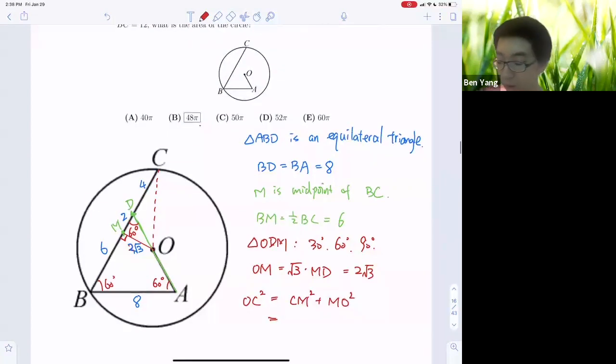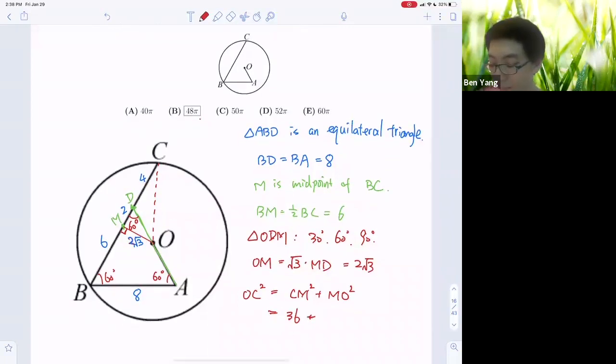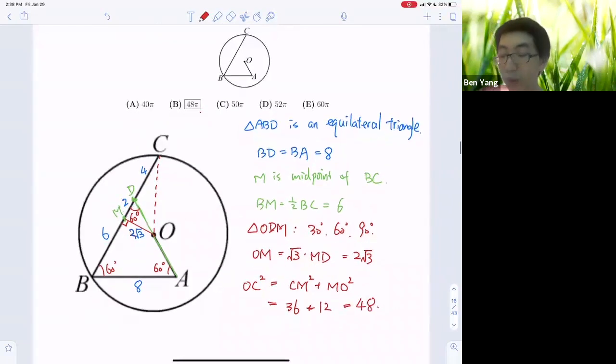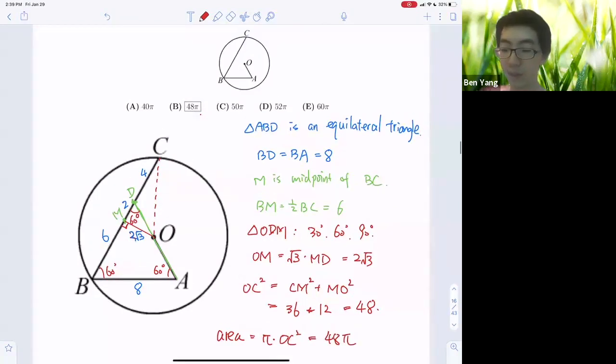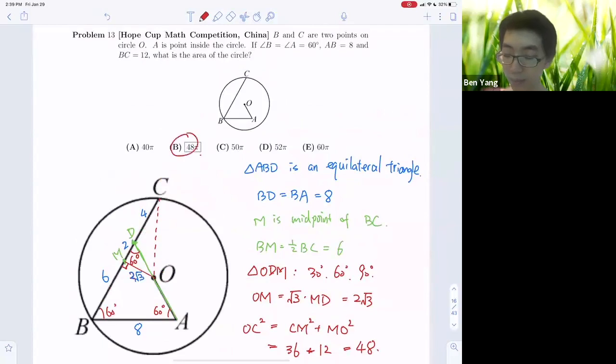CM is equal to 6, so that's 36. MO is 2√3, so the square of that is 12. And we get 48. We don't need to take the square root of this because what we want is the area of the circle. Area is equal to pi times the radius squared, and that's simply 48 pi. So the answer is B.